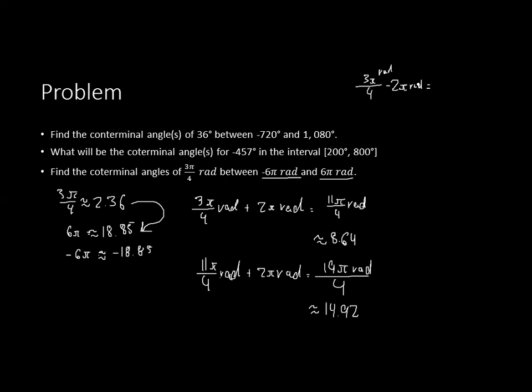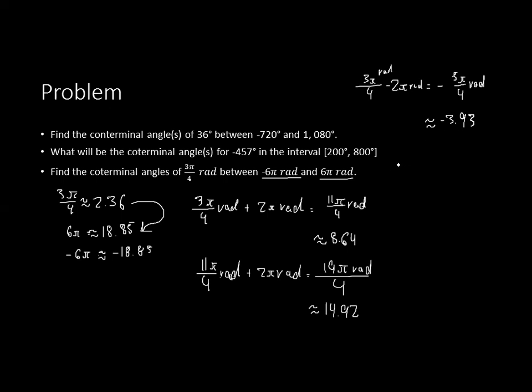So this is negative 5 pi all over 4 radians, which is approximately negative 3.93 radians. Okay, good.